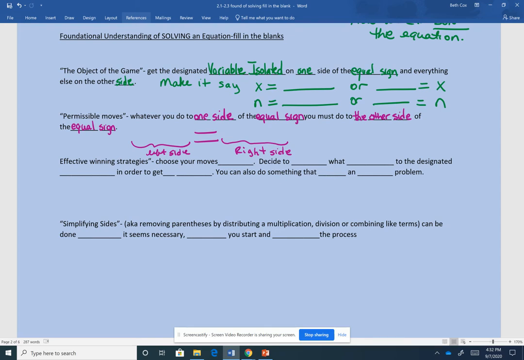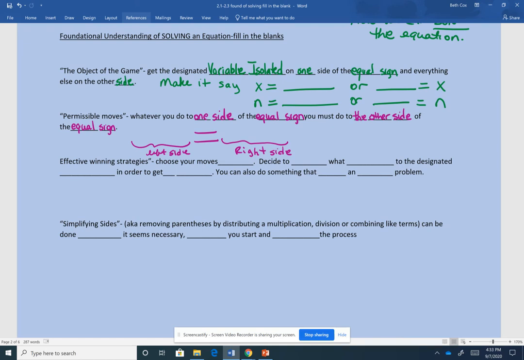Same with division. There's lots of things that you can do as long as you do it to both sides equally. It's like children. I have to treat all my children equally. So now, since there's a lot of permissible moves, I can add to both sides, I can subtract from both sides. Lots of permissible moves.